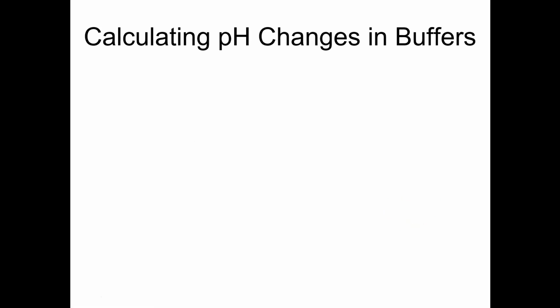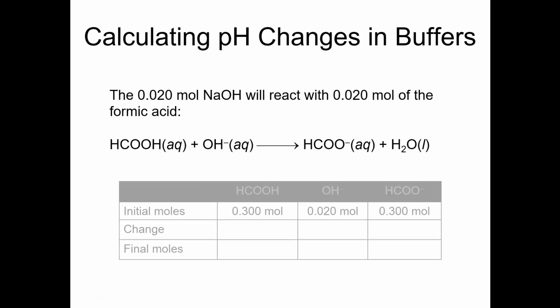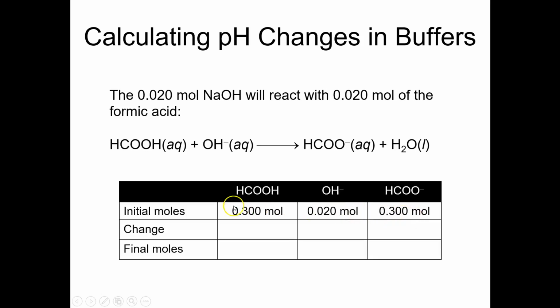Now I can construct my ICF table. Remember, we had 0.3 moles to begin with of both the formic acid and the formate, and I'm adding 0.02 moles of hydroxide. So here's my reaction. Here are all of my reactants.